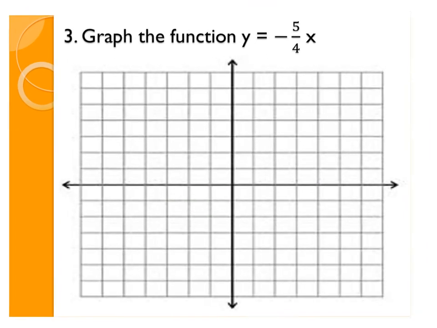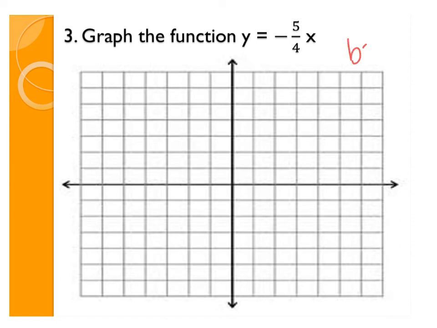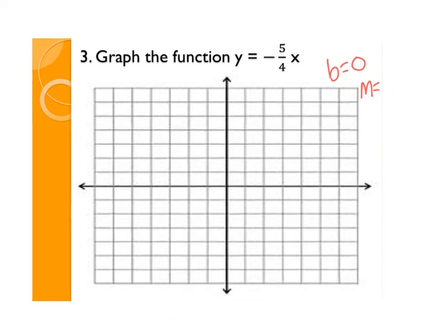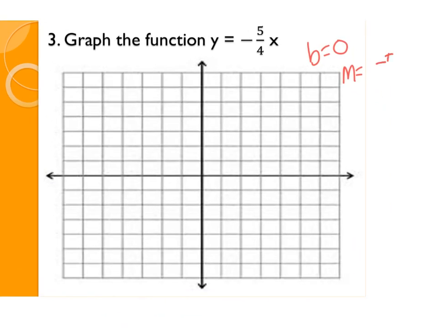Graph the function y equals negative 5 over 4x. Once again, just like the problem before, there's no b, so your b is going to equal 0. And your slope is going to be negative 5 over 4. So you'll plot your 0 and go down 1, 2, 3, 4, 5.